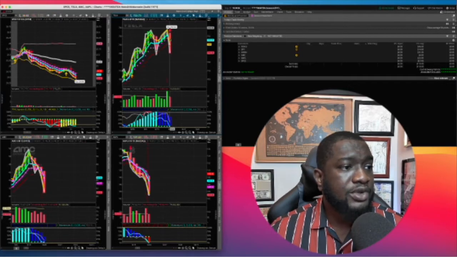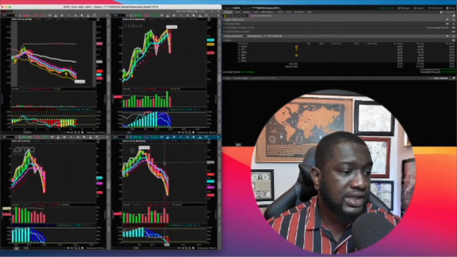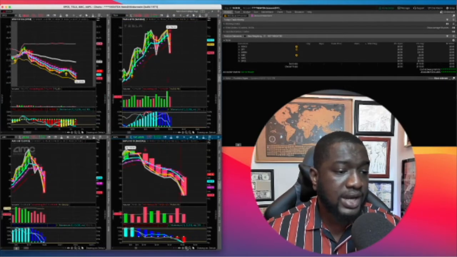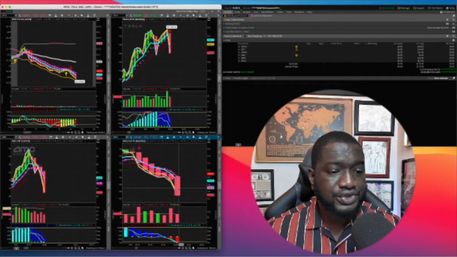But here, you guys can see we have a downtrend. If you also look here, this is another nice example of this chart. It's quite nice. It really is quite amazing. This setup here, you guys can see this is a nice trade.